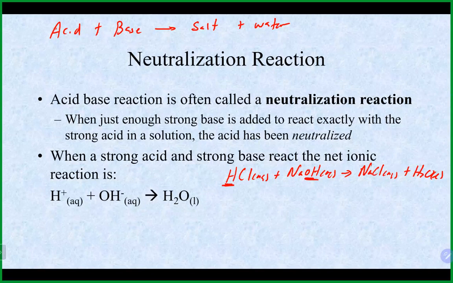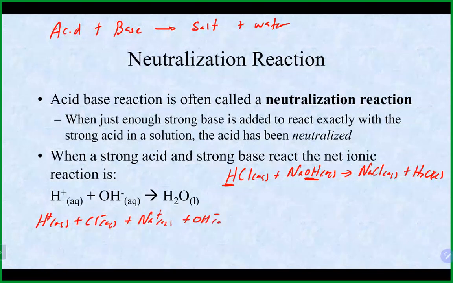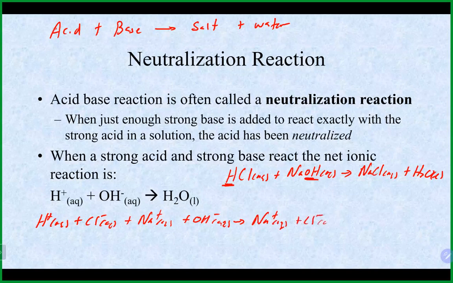If we were to write our total ionic equation for this, this would be H plus and Cl minus from our hydrochloric acid, as it is a strong electrolyte and will break apart. Sodium hydroxide being a strong base will also break apart. Sodium chloride is a strong electrolyte and an ionic compound that will break apart.